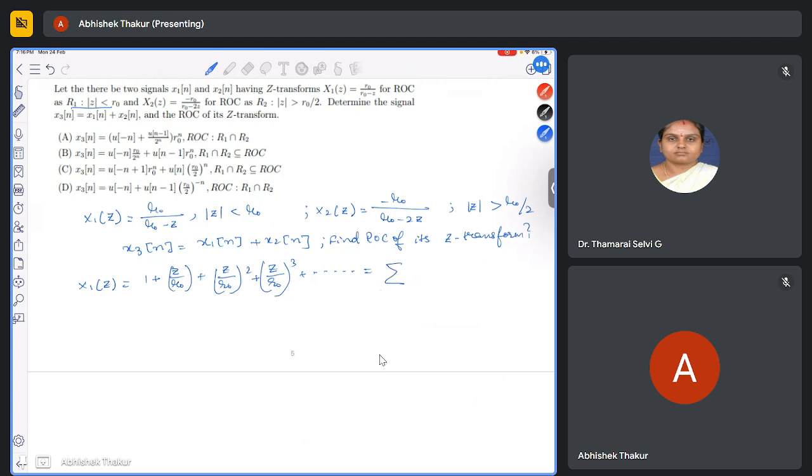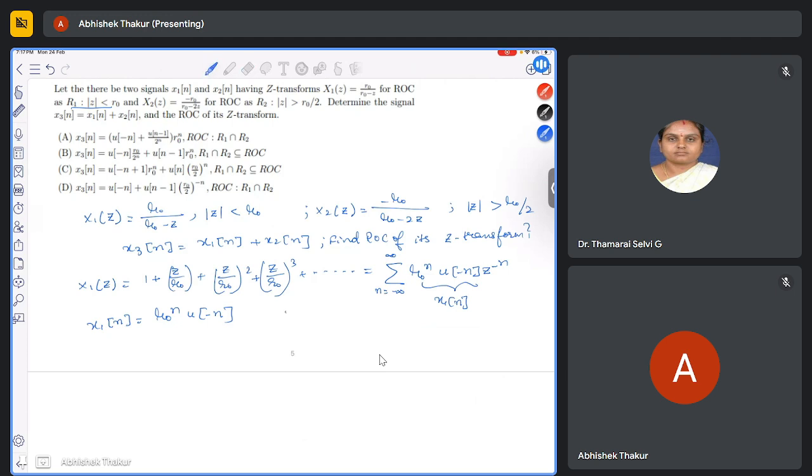So we can write this as the sum of r naught to the power of n u[-n] z to the power of minus n. So what we got is x1[n] is equal to r naught to the power of n u[-n], because only when you multiply with z to the power of minus n do we get our X1(z), that is the Z transform.